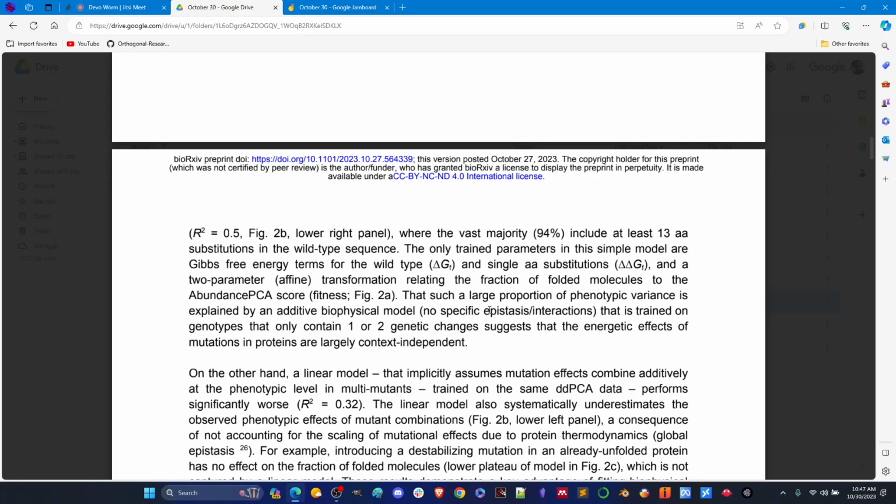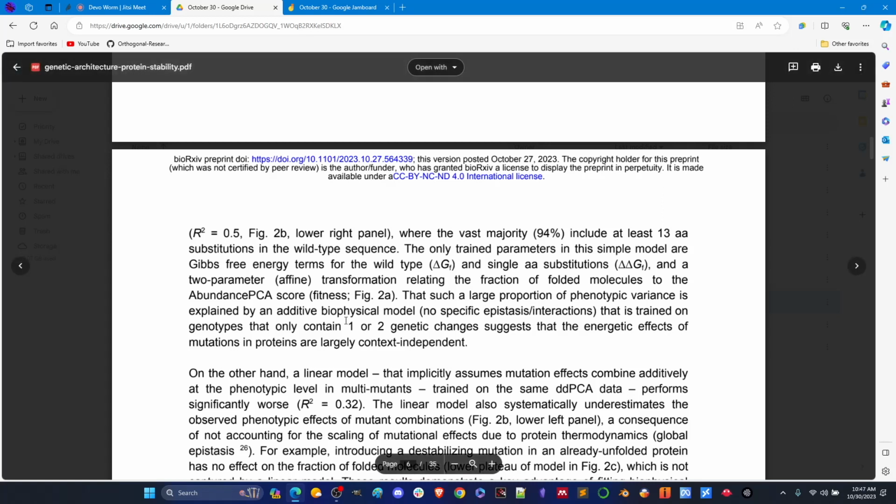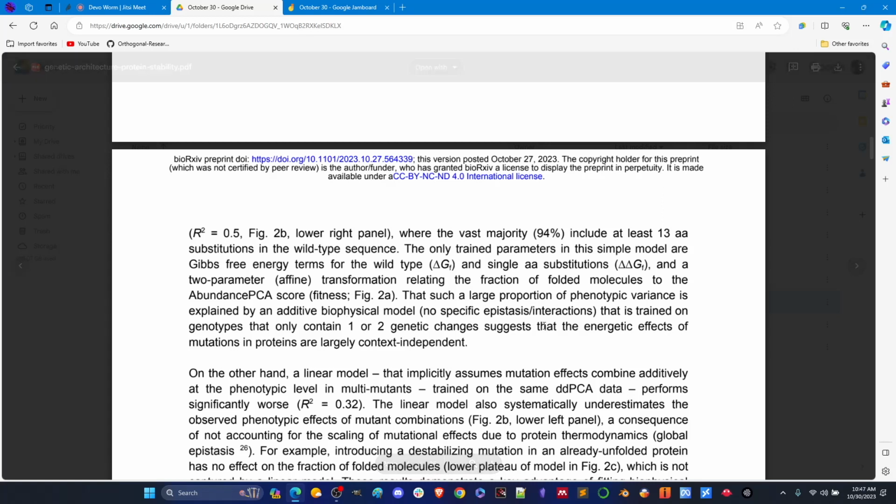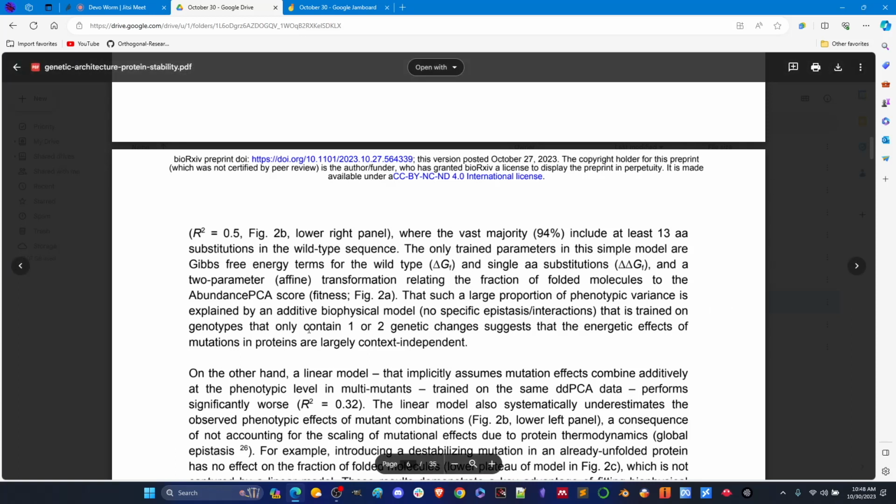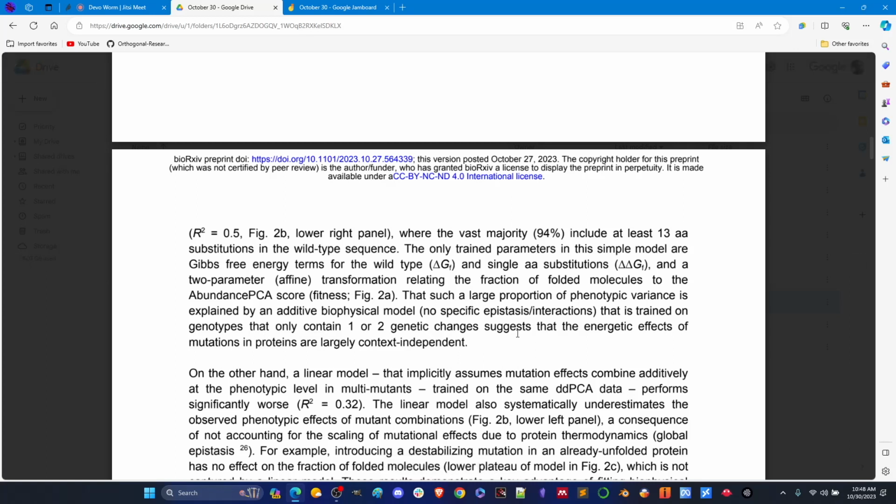So that such a large proportion of phenotypic variance is explained by an additive biophysical model, so they don't consider epistasis or other gene-gene interactions, that is trained on genotypes that only contain one or two genetic changes, suggests that the energetic effects of mutations in proteins are largely context independent. So mutations don't rely on the context of where the proteins are found. The energetic effects are independent of that.